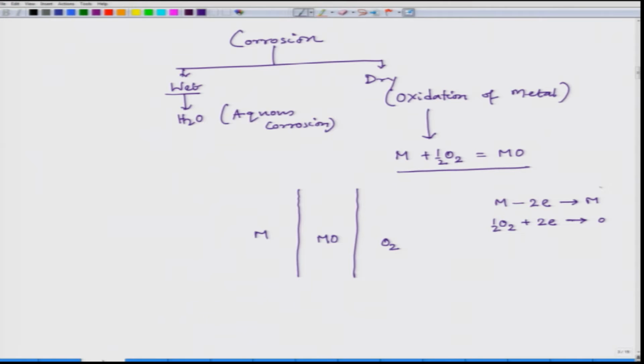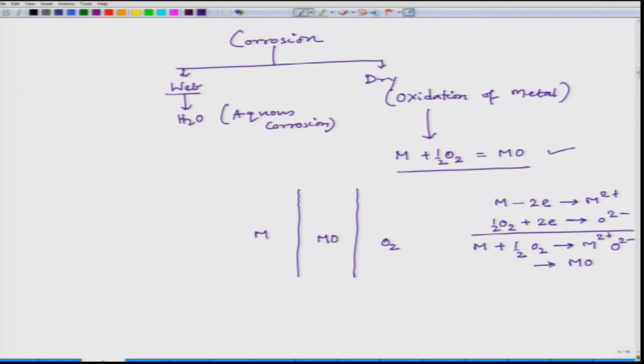Since we have this notation 2+ and 2-, if they combine, you see M plus half O2 equals M2+ O2-, which is nothing but MO, the same as this reaction.